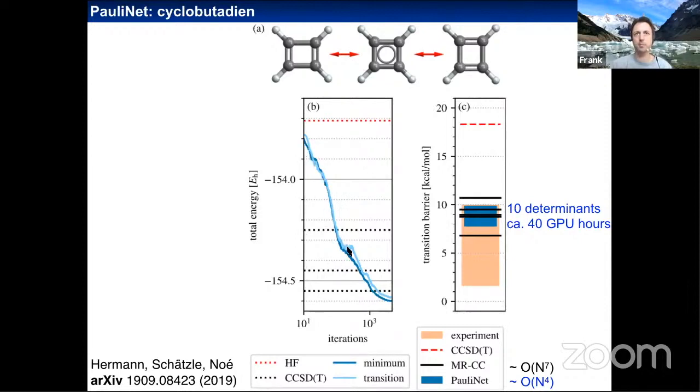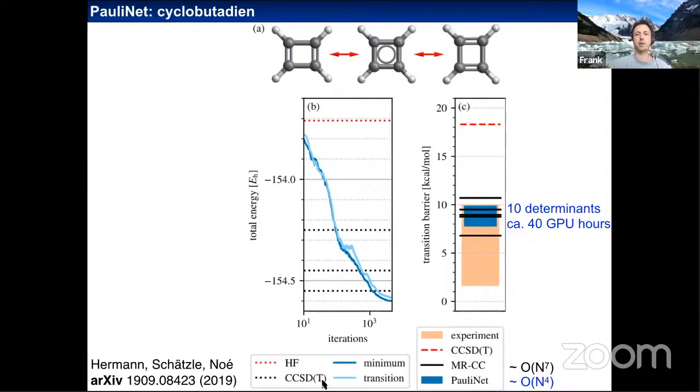And these here are the energies that we get with PauliNet as a function of the variational Monte Carlo iteration. What you see here is the energy of the minimum configuration and of the transition state energy. Now, if you compute the difference between those, this is what we are more interested in here than the absolute energies.